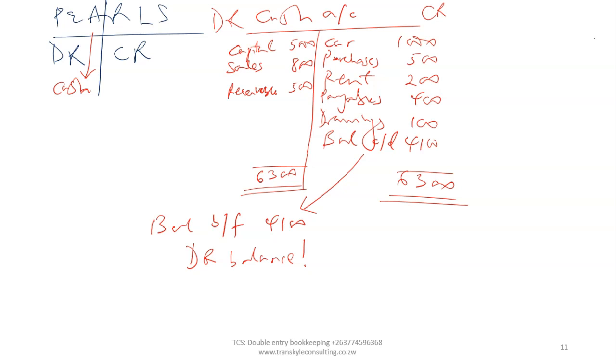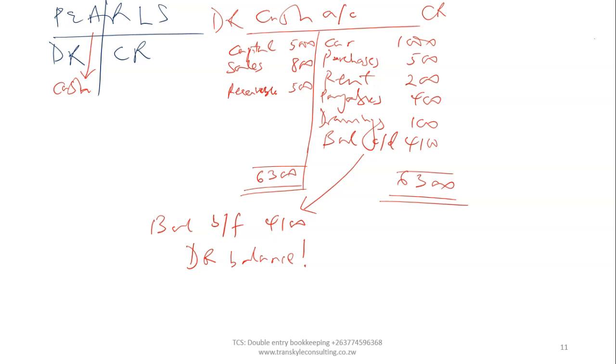The other trick the examiner might use, he would say, after casting the cash account totals on both the debit and the credit sides, the debit side was found to have a larger figure.